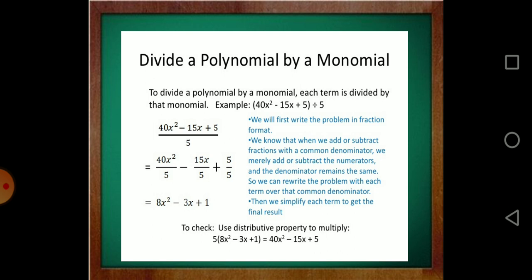So, when we multiply these two, we get the dividend. So, we can conclude that the division performed by us is correct. So, children, this is the way we divide a polynomial by a monomial.